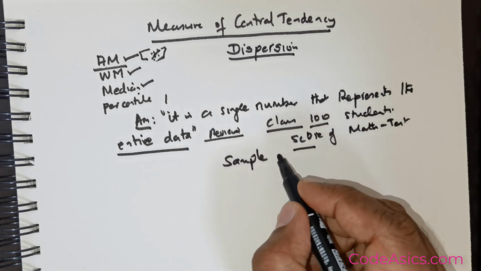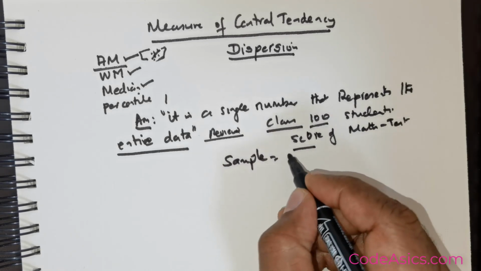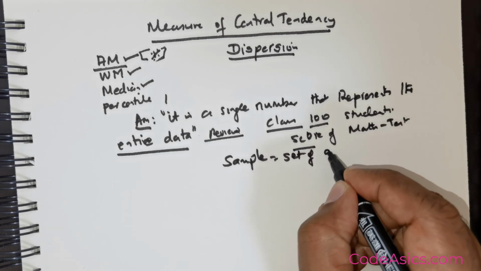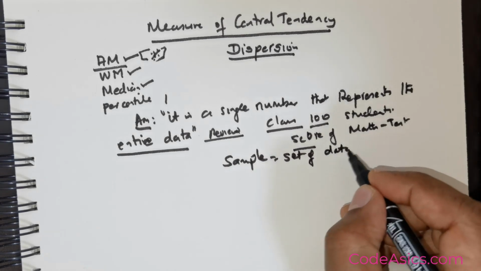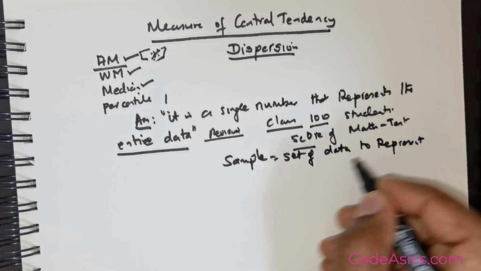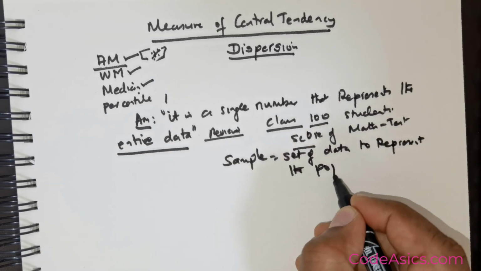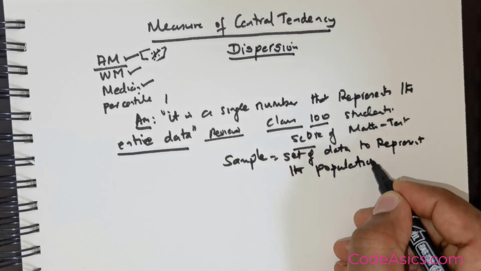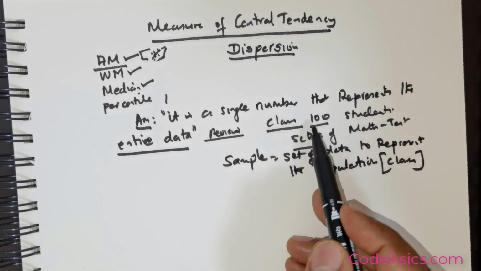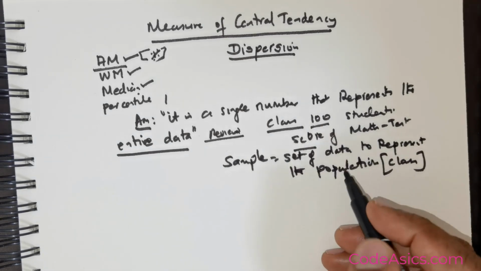Now sample is nothing but a set of data to represent the population. Now whenever I use the word population, in this case the population is the class. So 100 is the population quantity.